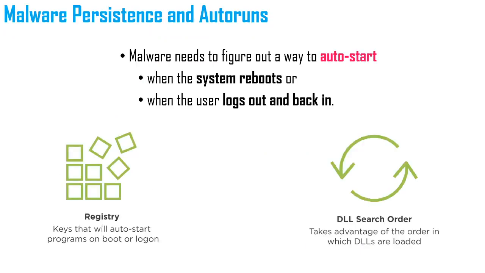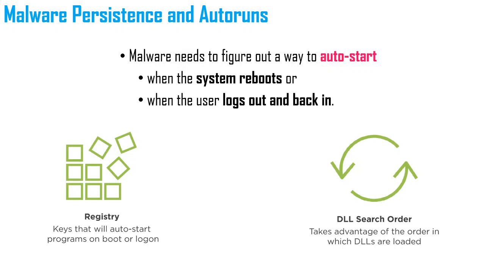So the next thing is malware persistence and autoruns. While doing the dynamic analysis, this is a very important thing. Malware is going to persist in your system if it is executed in your sandbox.